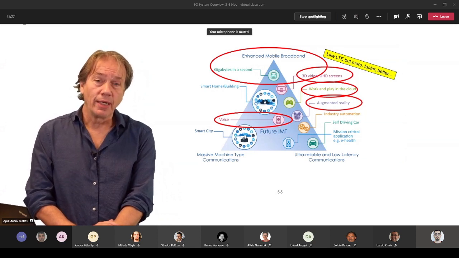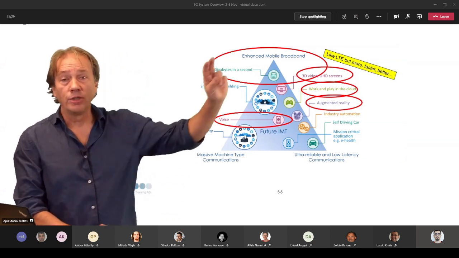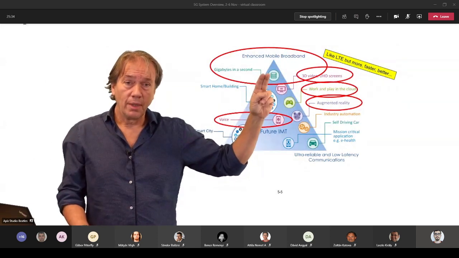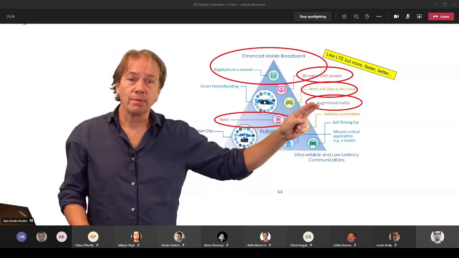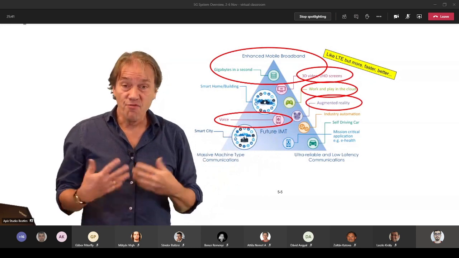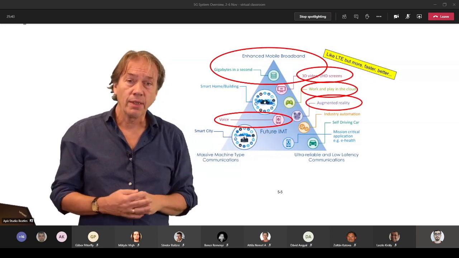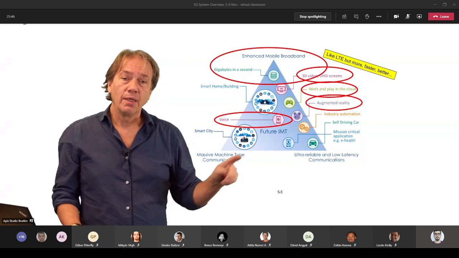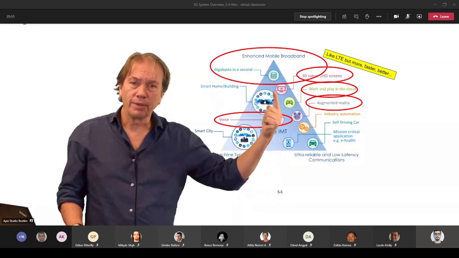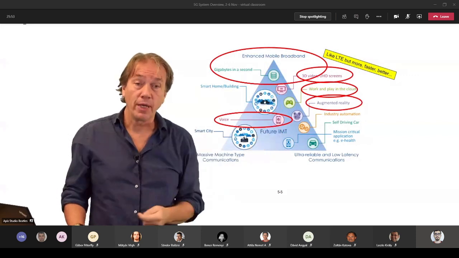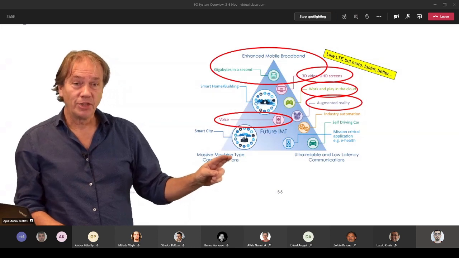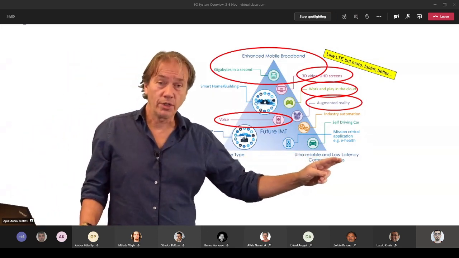Here's this triangle again. Enhanced mobile broadband services that require very high bit rates, maybe augmented reality, virtual reality. I think voice is definitely an enhanced mobile broadband service. In this picture, it's shown here. I think I would put it closer to the top of the triangle because it's certainly not massive machine type communications, and it's certainly not an URC service.